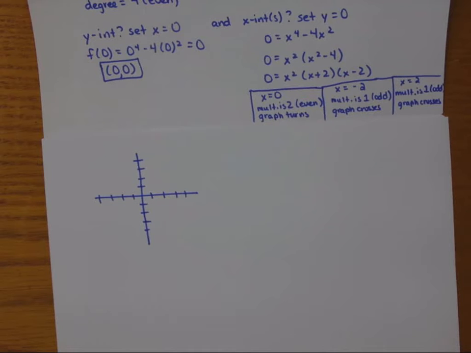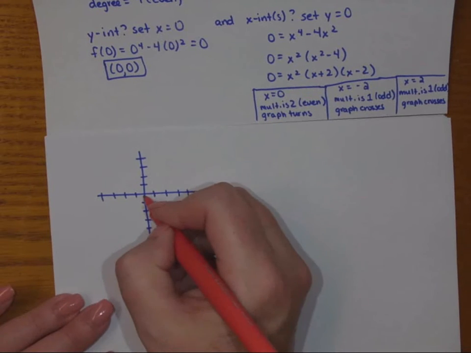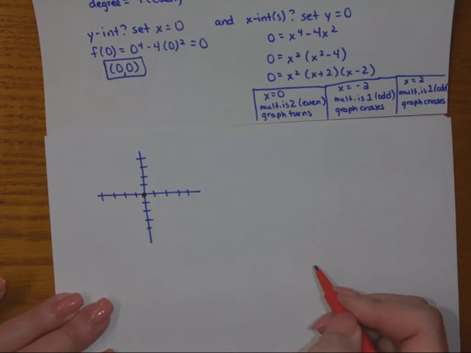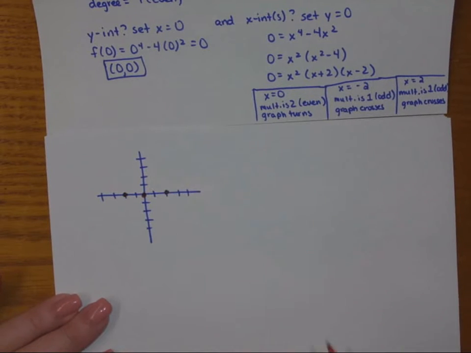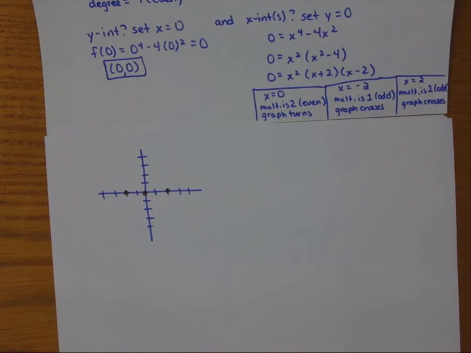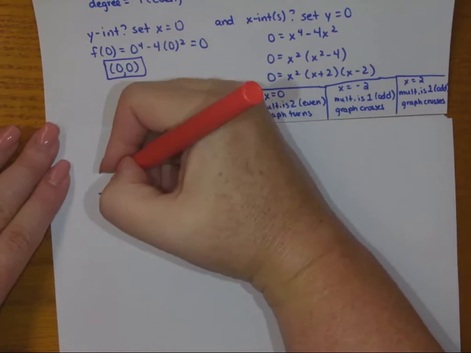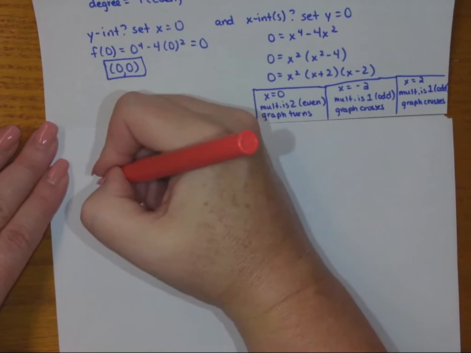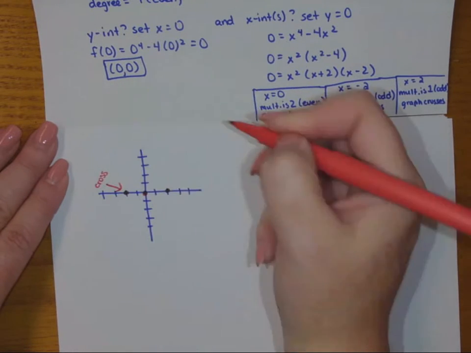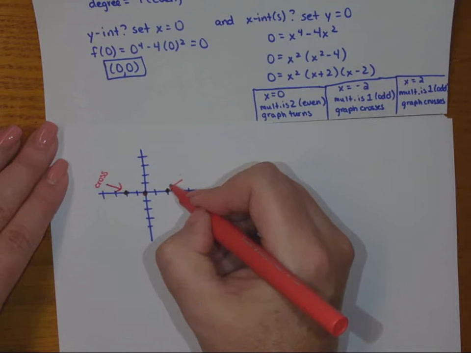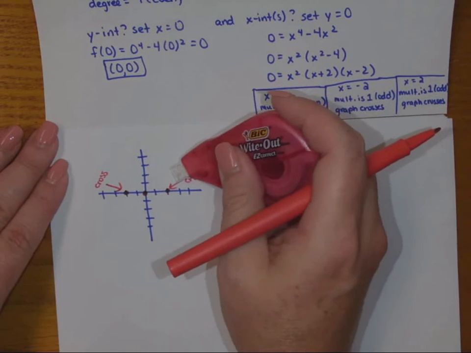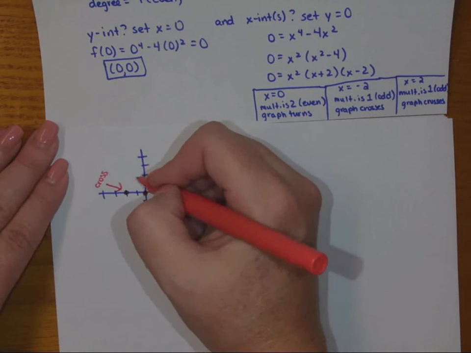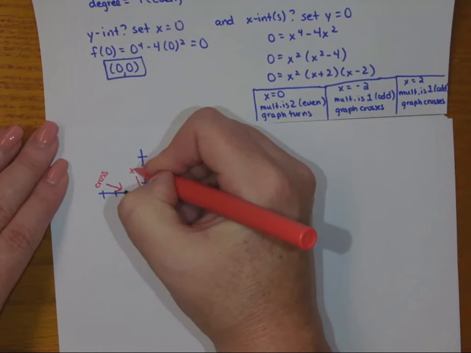We're going to mark the points that we know. We know that it crosses at (0, 0). We know that it has x-intercepts at -2 and 2. But we know something even more helpful: here we're going to cross, here we're going to cross as well, but here we're going to turn.